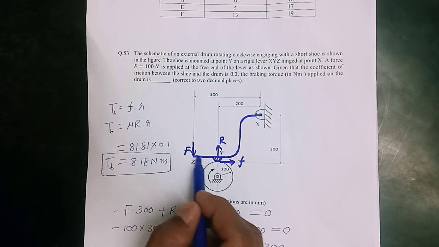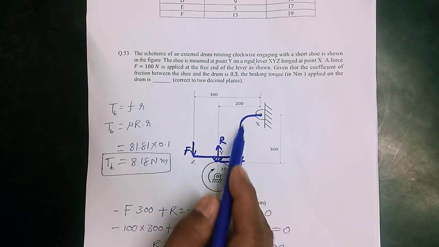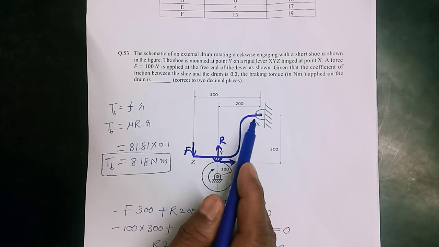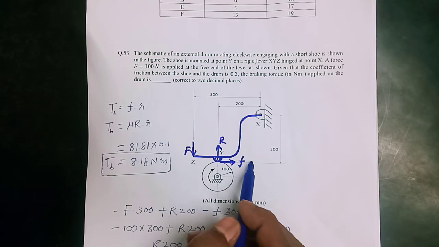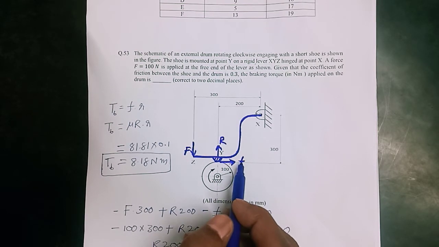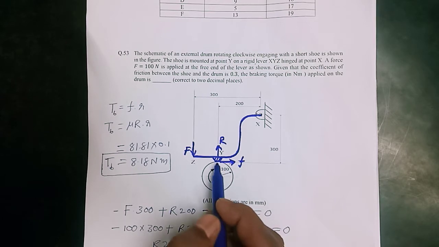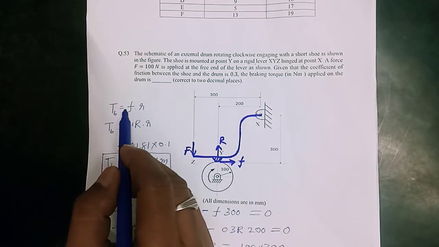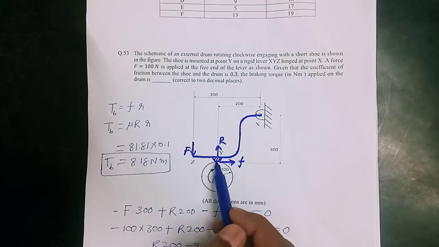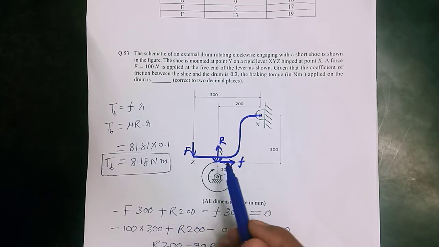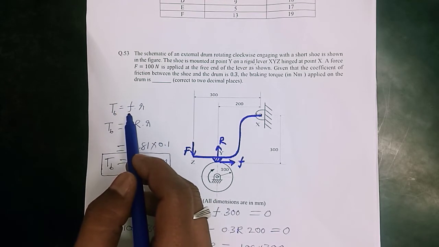Now when you consider the moments for the free body diagram of this lever, the friction force is in this direction, that is small f. That friction force into this radius of rotation gives the braking torque.